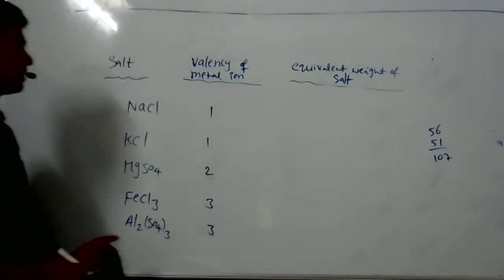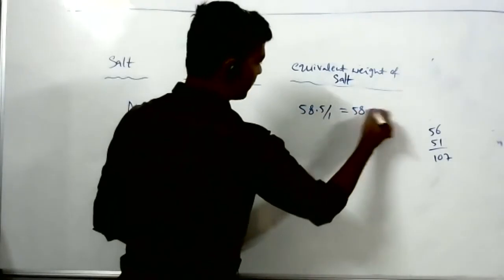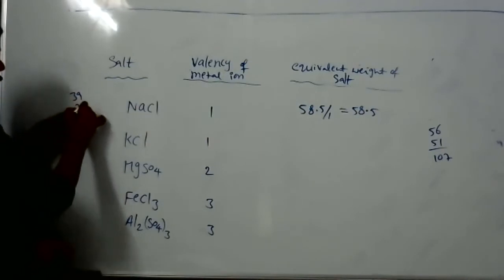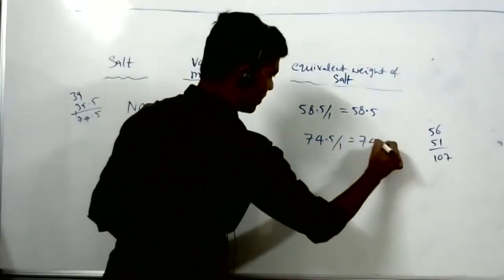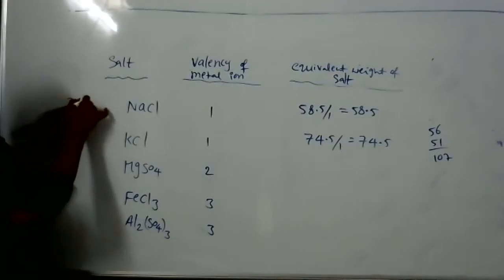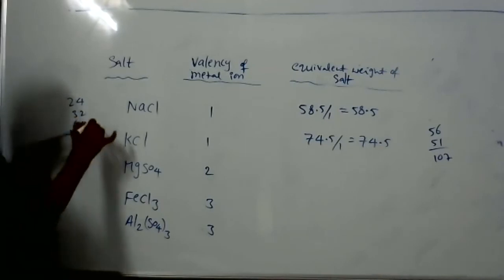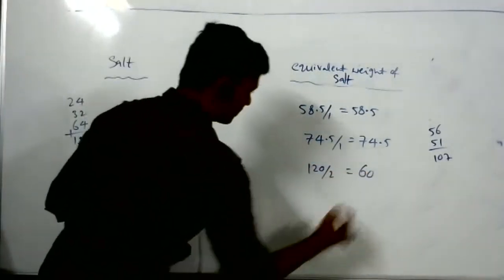Now the mass of NaCl is 58.5, by 1, the same value, 58.5 equivalent weight. KCl: 39 plus 35.5 is 74.5, by 1, the same, 74.5. Next, magnesium sulfate: magnesium 24, sulfur 32, 4 oxygens 64, total 120. 120 divided by 2 gives 60.